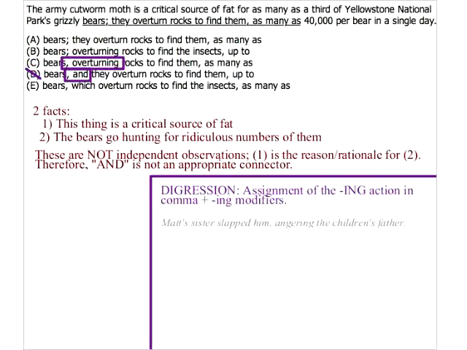And then the other example would be Matt was slapped by his sister, angering the children's father. Okay. Let's talk about who made whom mad in these problems. In both cases we're talking about the same action. Yeah, Matt's sister said "pow" across the face or whatever. But what's the difference between these two sentences? Let's see if any of you can explain briefly in the text box.